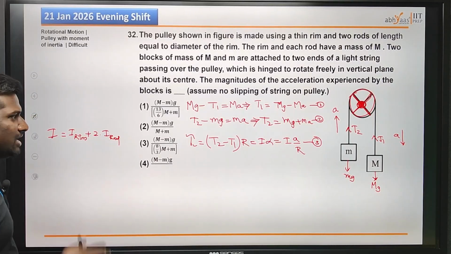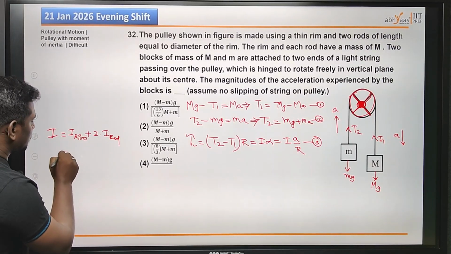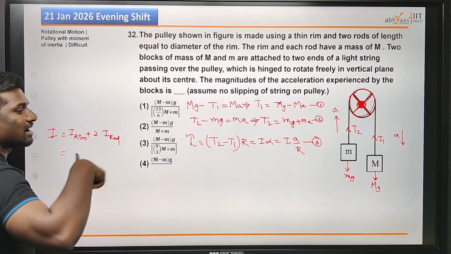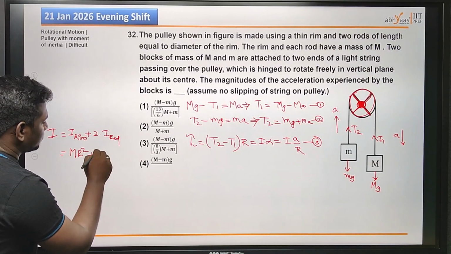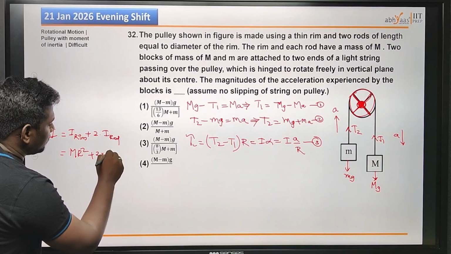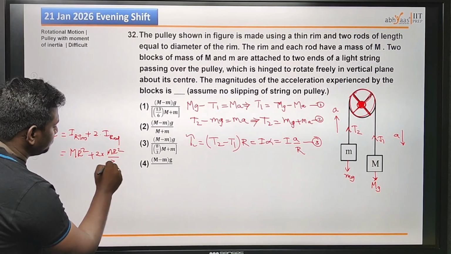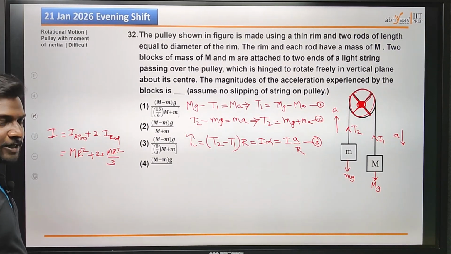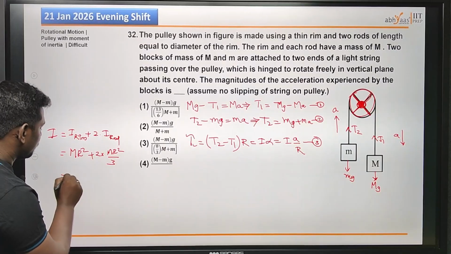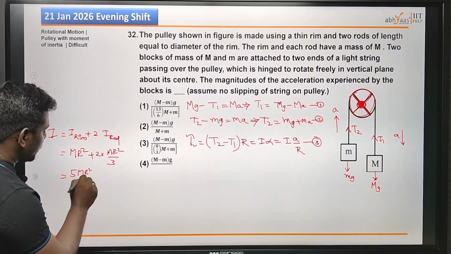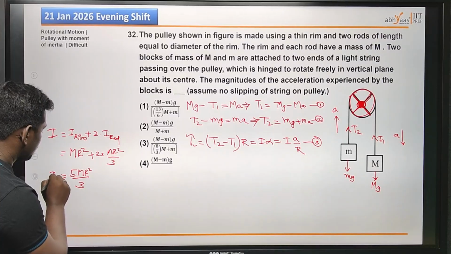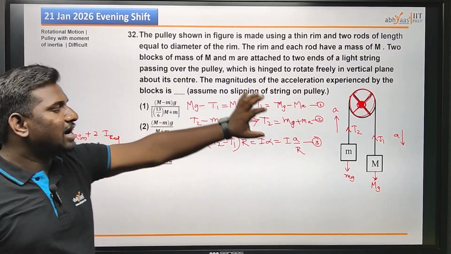The rod is at a midpoint, and the rim is a circular ring. So it is MR square plus 2 times MR square by 3. If you find it out, it is 5 MR square by 3, the moment of inertia of the entire system.